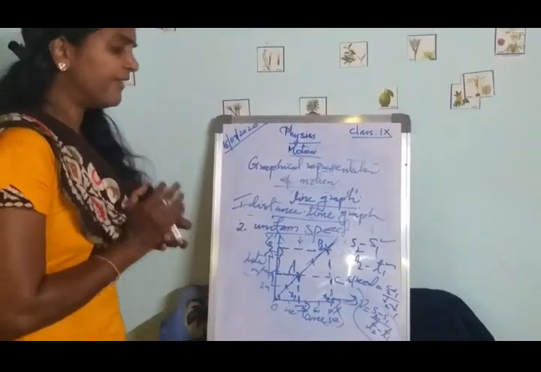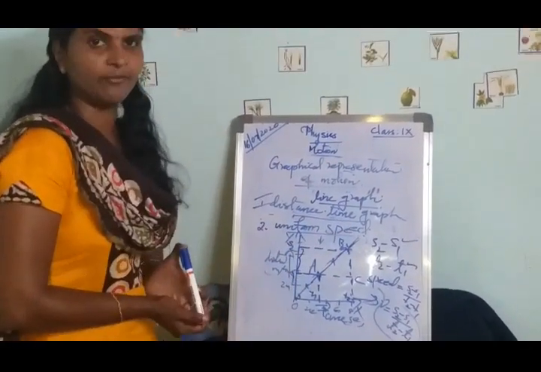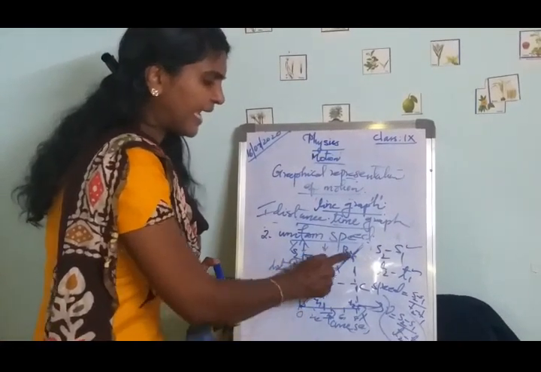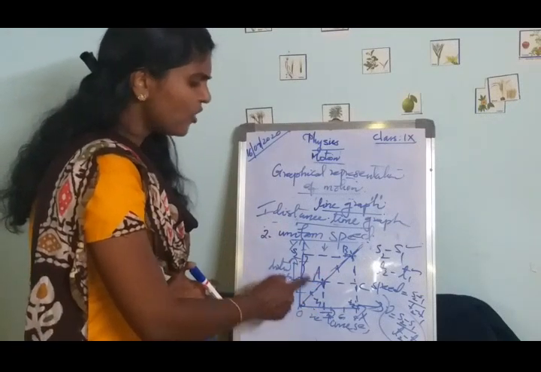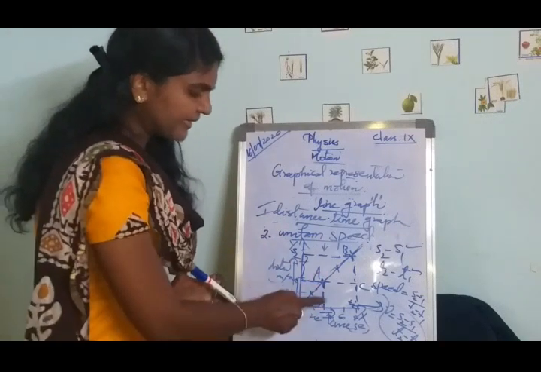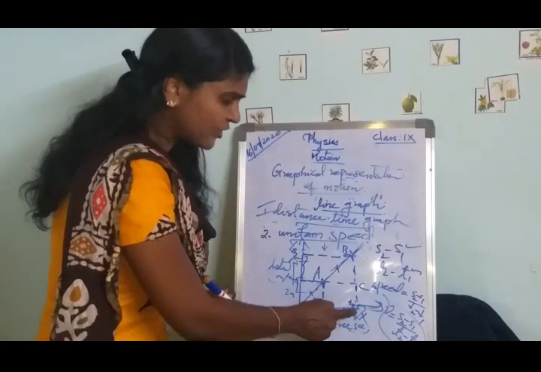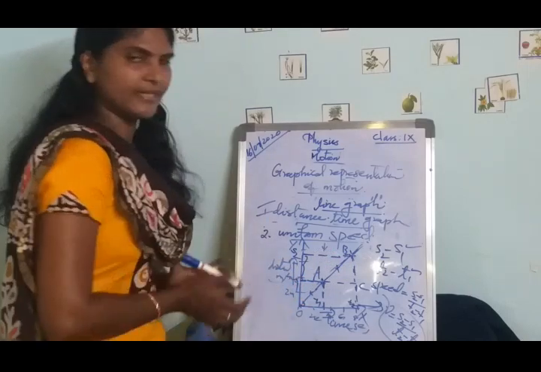Then how can we calculate the speed of an object using the distance time graph? For that we consider two points on the graph, let them be A and B. Then draw perpendiculars towards the x and y axes. In the x axis they are represented as T1 and T2, and in the y axis as S1 and S2.